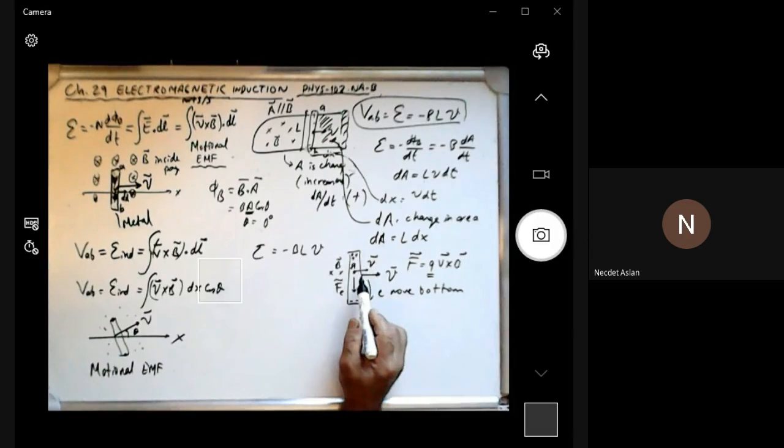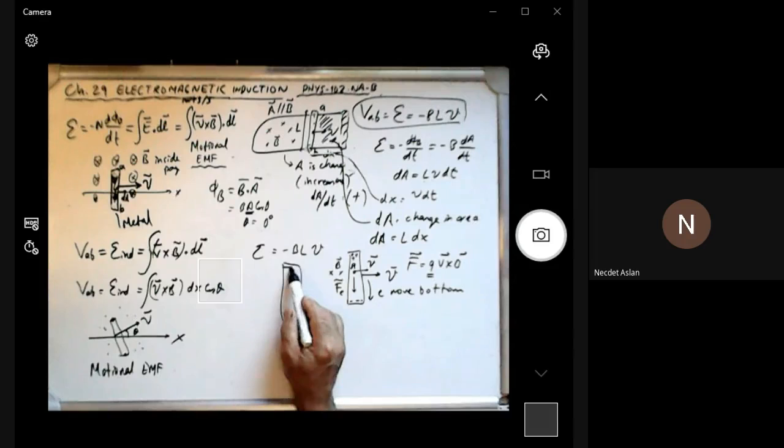But actually, what happens is that it is not only this part plus and this part minus. These charges are distributed everywhere. More intense here, but less intense there, right? So it's like a continuous thing.